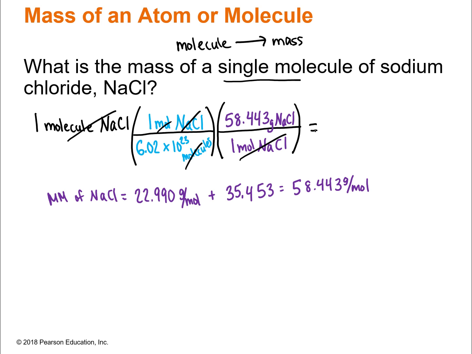When you do that math, you get a really tiny number. Clearly, you cannot measure that on any kind of a scale. And in this type of problem, I would tell you how many sig figs to report.